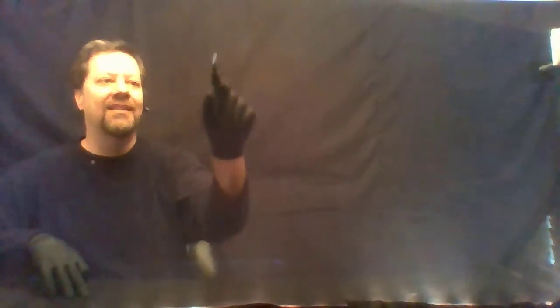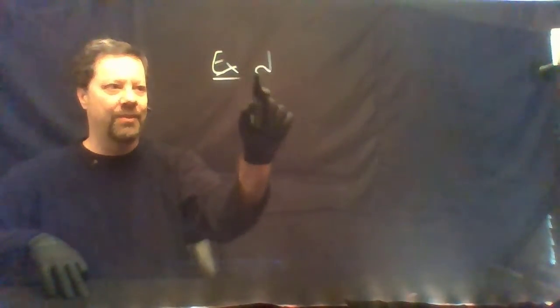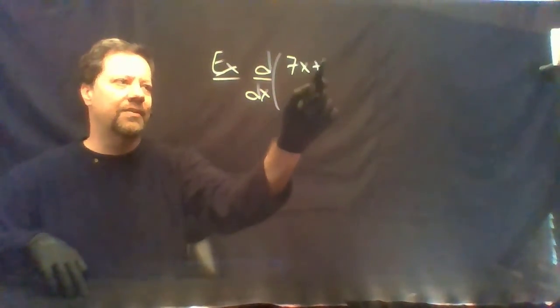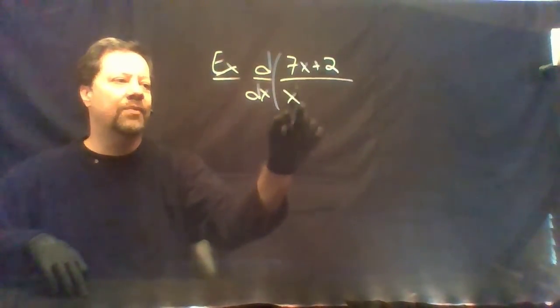To this point in the development of our theory, we haven't been able to calculate the derivative of rational functions. What are rational functions? That's right. Rational functions are ratios of polynomials. Suppose I'm trying to calculate the derivative of 7x plus 2 over x squared plus 1.